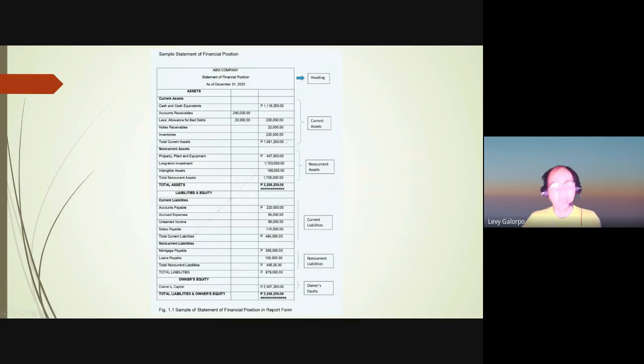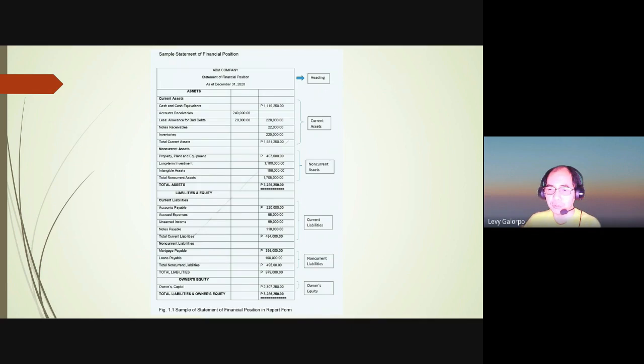Okay. Ito na ang example natin. Diba? Nakakita na kayo ng balance sheet noong kayo ay grade 11. So, I'm sure familiar na kayo sa ating mga dinidiscuss sa content ng mga ito. Okay. Diba? So, isa-isahin natin, no?